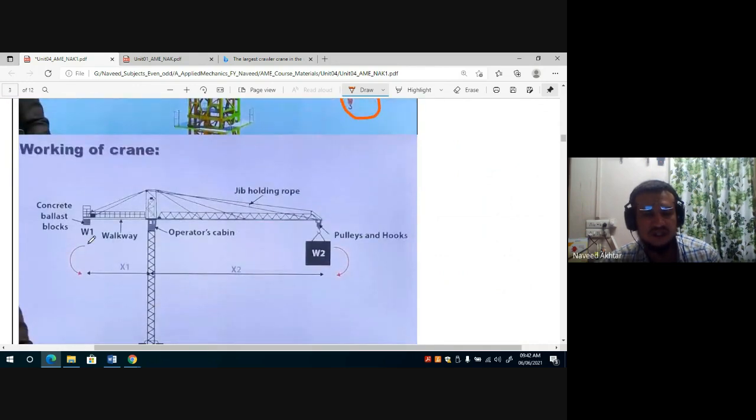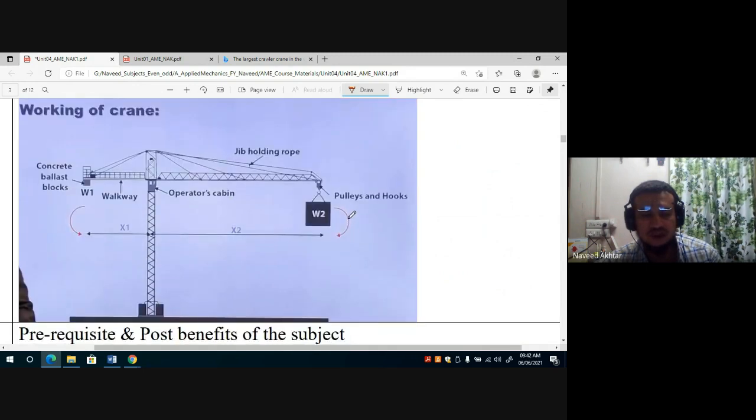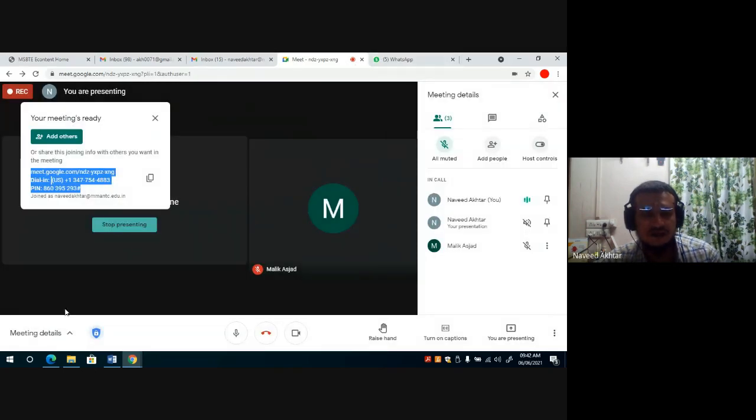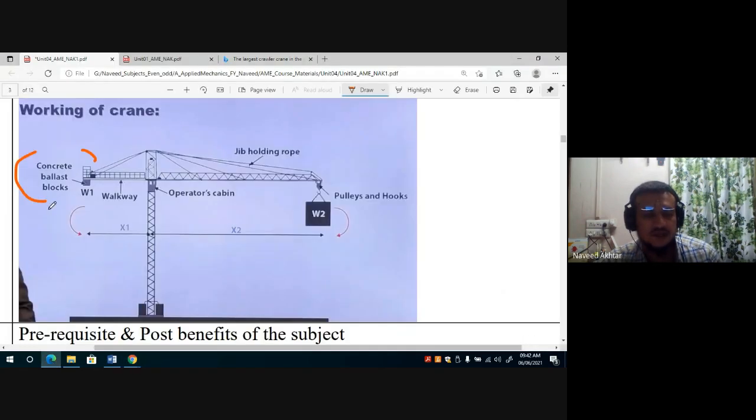Here you can see W1 and W2, two weights. W2 is the weight lifted by us, at distance x2, and W1 is the balancing block or concrete ballast arranged at the place where the moment M1 is equal to M2. So these moments balance each other.